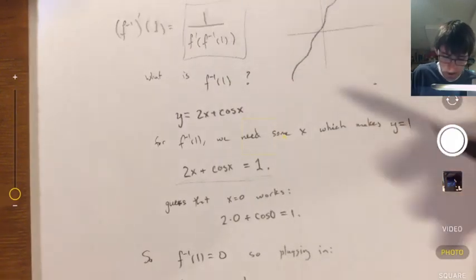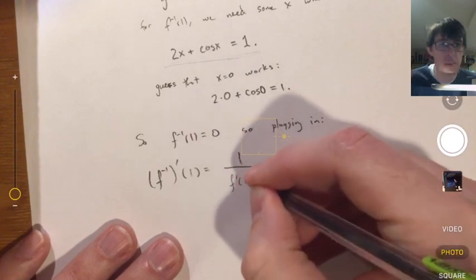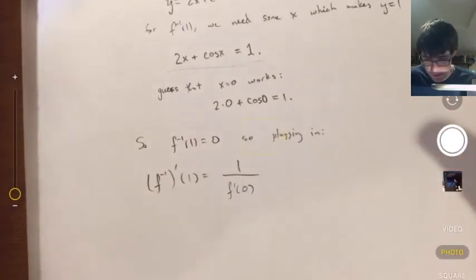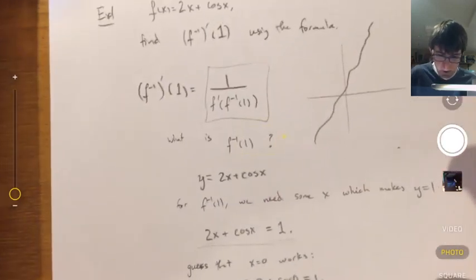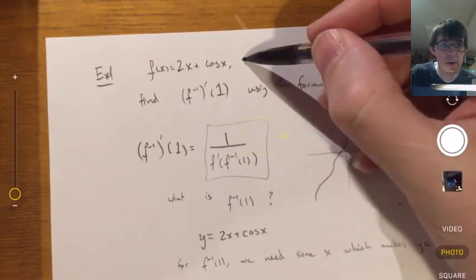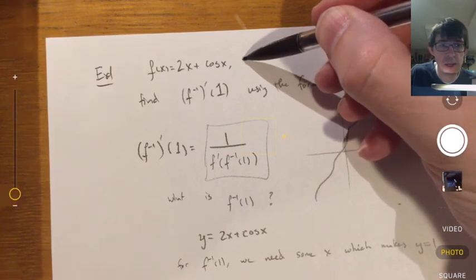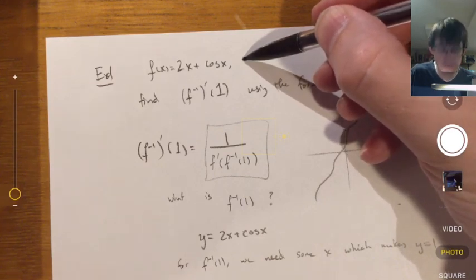So now it just says 1 over f prime of 0. Can we find f prime of 0? I think we can. f is just this function right here, and this is not a complicated function to find f prime of 0.